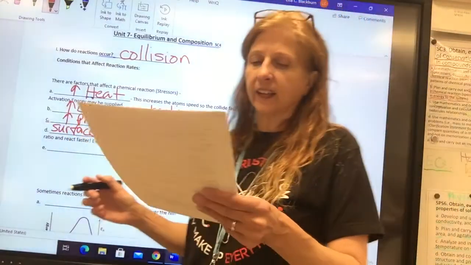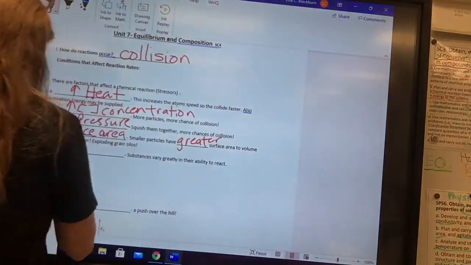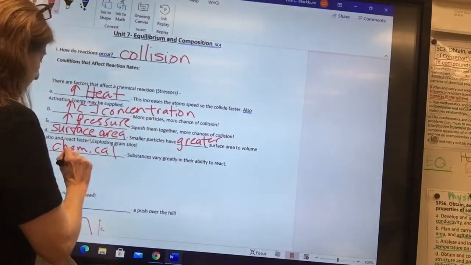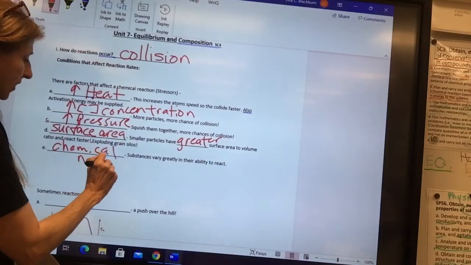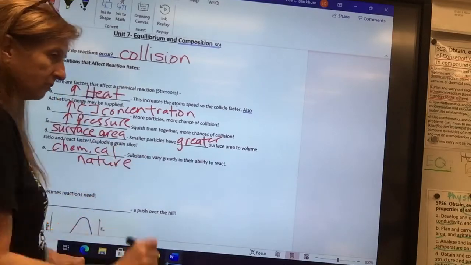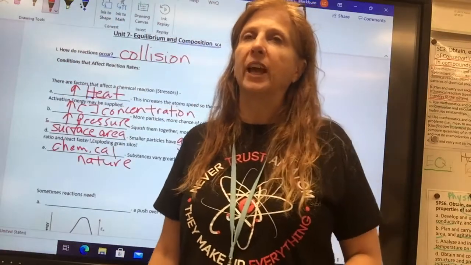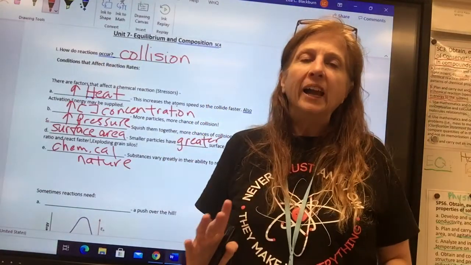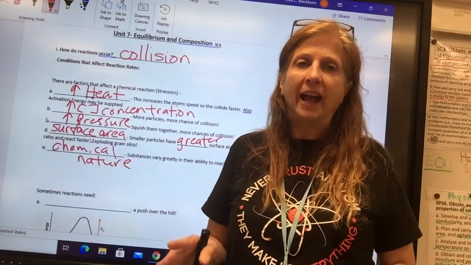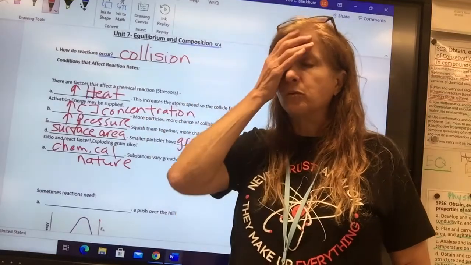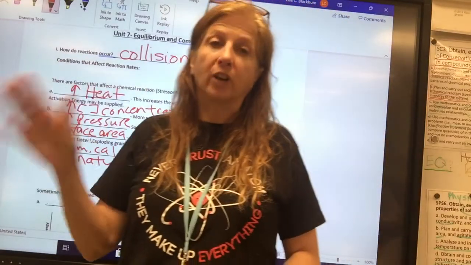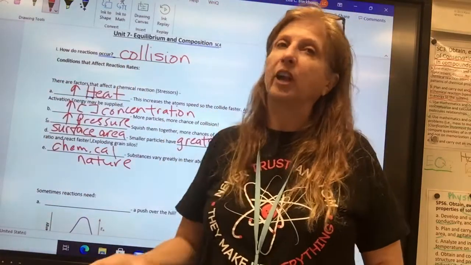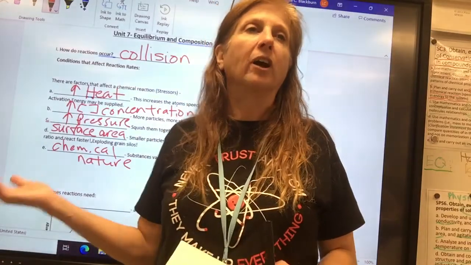And then the last thing is the chemical nature. Some things are just more reactive than others. One of the big problems we had at school last year until over this summer is there were chemicals in the back that, when everybody got sent home for COVID, they just left on that Friday and didn't know they weren't coming back on Monday and were going to be gone for months.